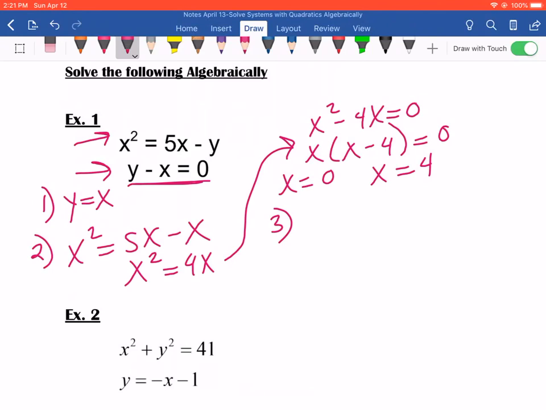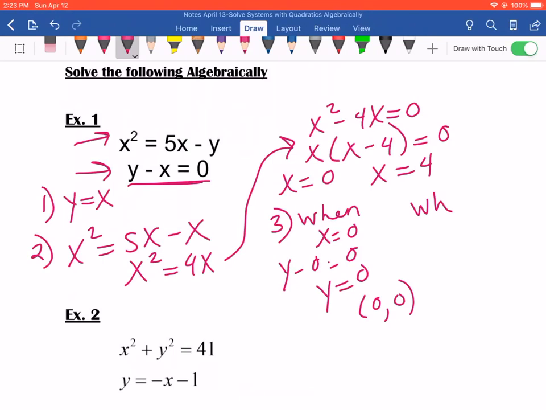So I'm going to be very clear on what I'm substituting in where in this first example, just so that you guys don't get lost on where these points come from. So I'm going to say when x is equal to 0, y minus 0 is equal to 0. What I get out is y equals 0. So my point here is the point 0, 0.